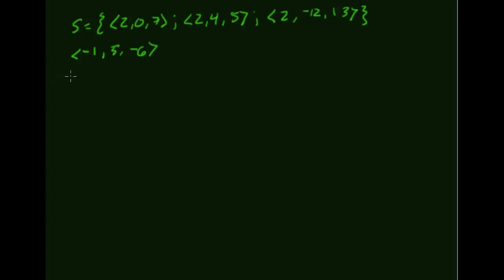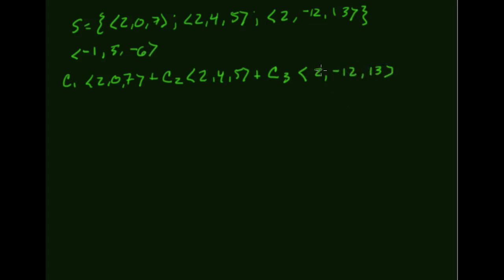So literally that means you want to take some coefficient times (2, 0, 7) and add that to another coefficient times (2, 4, 5) and add that to a third coefficient times (2, -12, 13), and then you want that to be equal to (-1, 5, -6).